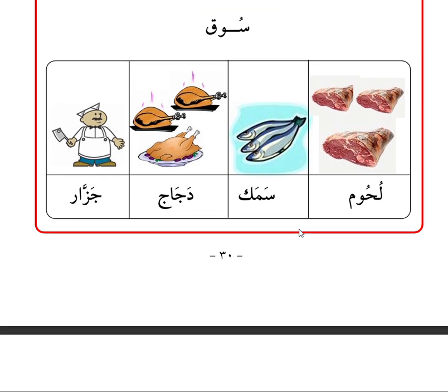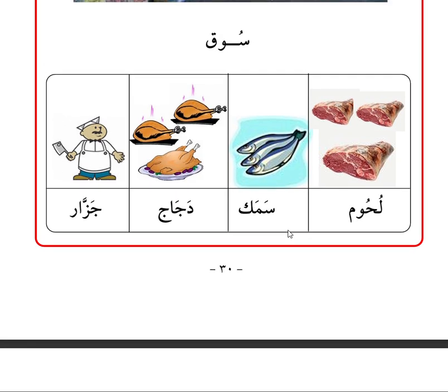And the way to make these words singular is adding a ta marbuta in the end, all right? So it will be samaka, only one fish, and dajaja, only one chicken, right? And there are exceptions, like the first example, luhum. Luhum is already plural. It's not a collective noun.